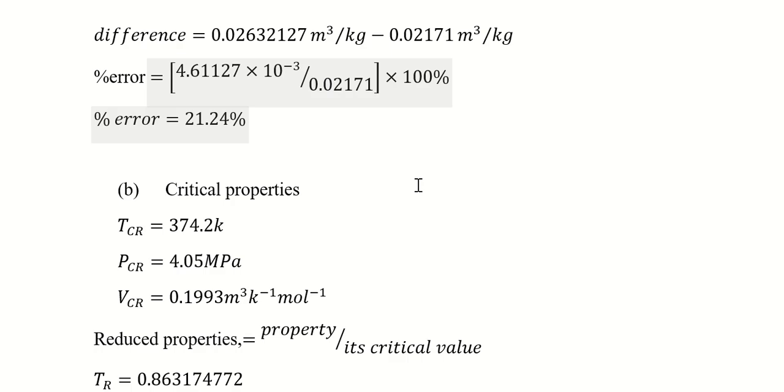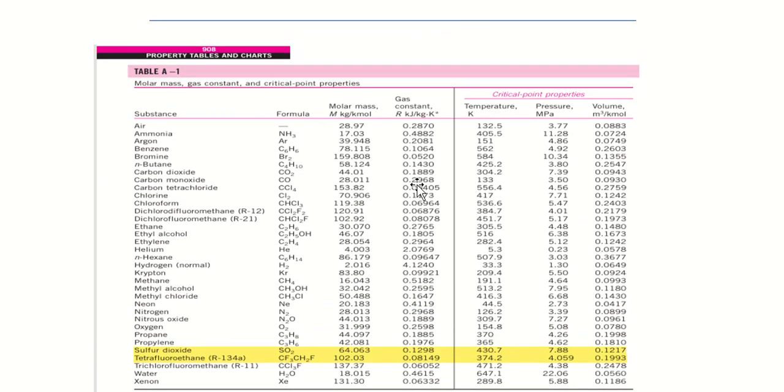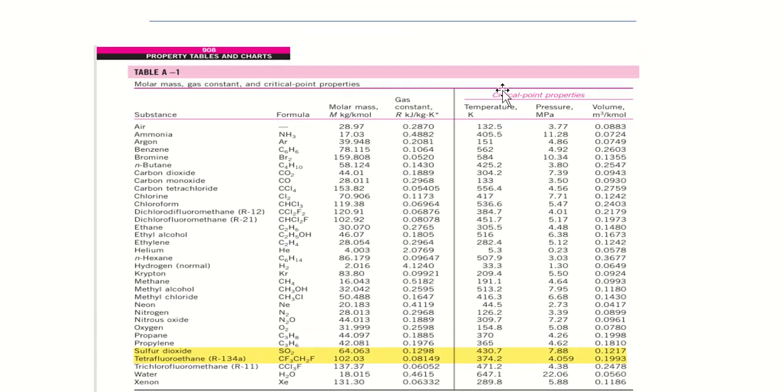The critical properties, I already showed them to you. They are right here on the first page, in table A1. You're going to look at the properties in front of the substance they gave you in the question. For this problem we have R134A, and its critical properties are temperature, pressure, and volume.